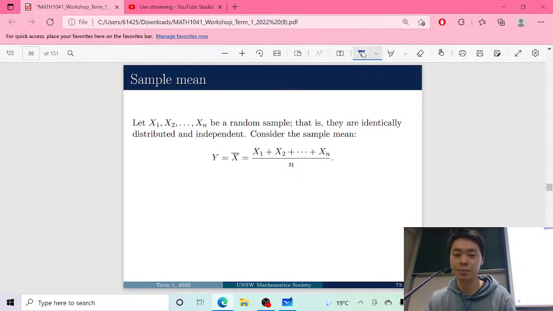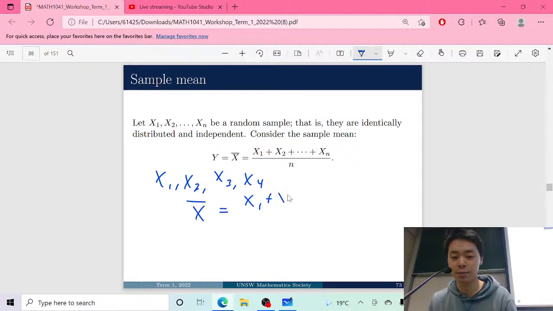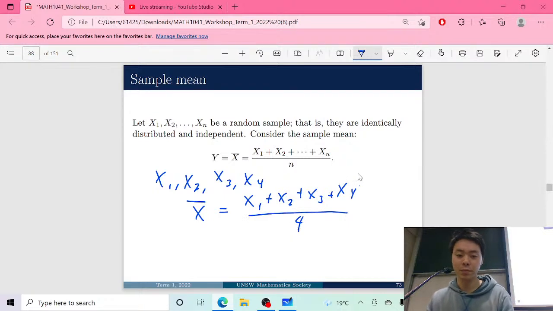So for example, if you had X1, X2, X3, and X4, then the sample mean is just going to be X1 plus X2 plus X3 plus X4 divided by 4. So you're just adding up all of the random variables and then dividing by the number of samples. Now this is really useful, right? Because we have a lot of things to work with here.